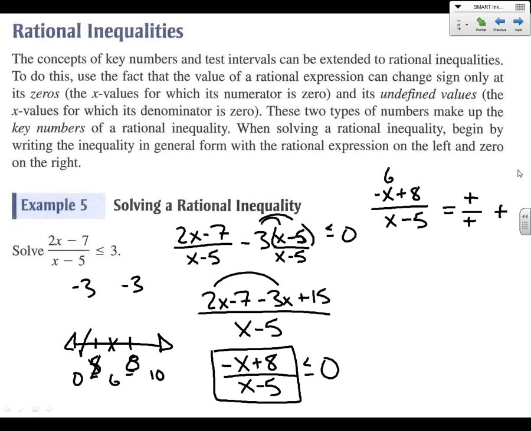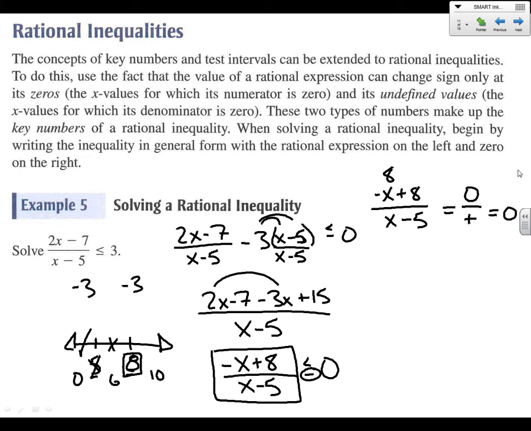And last, not last, we got to test 8 as well. Let's test 8. Negative 8 plus 8 is 0 over 8 minus 5 is a positive, but the key here is 0. And 0 is equal to 0. So we like 8.